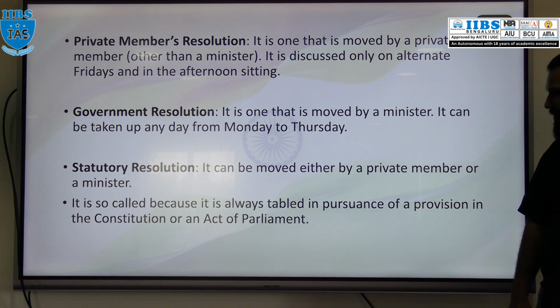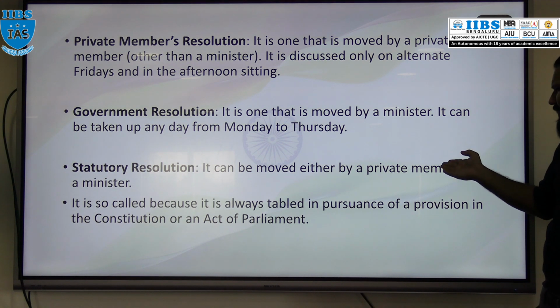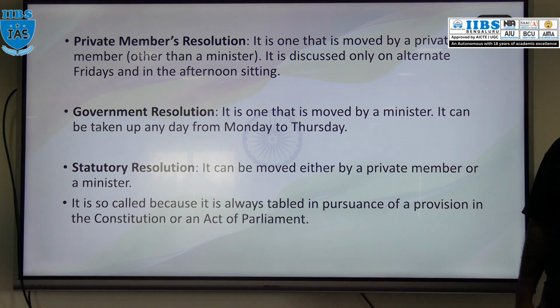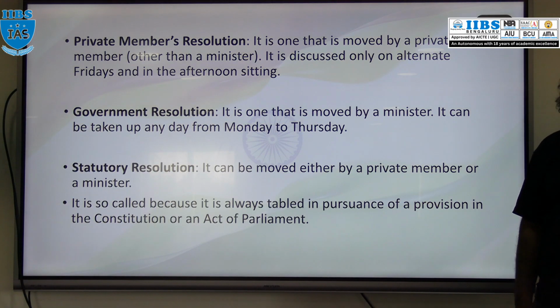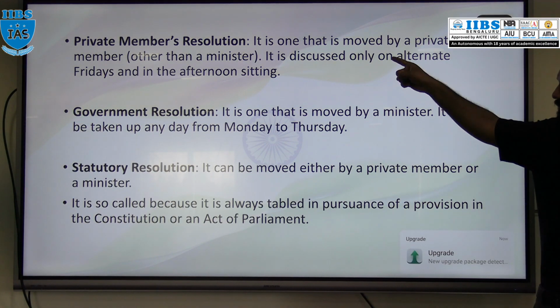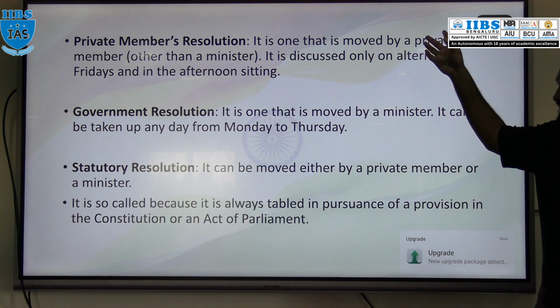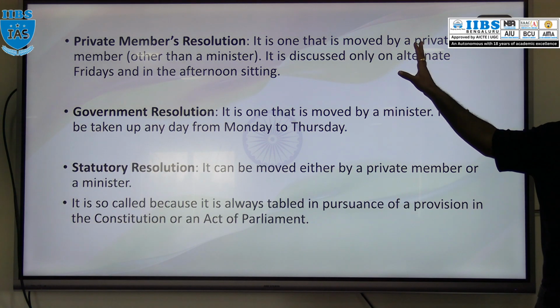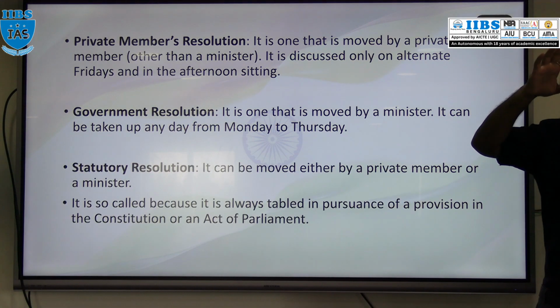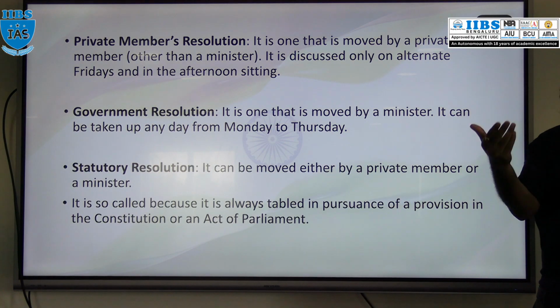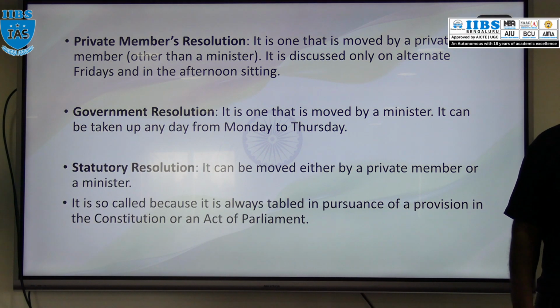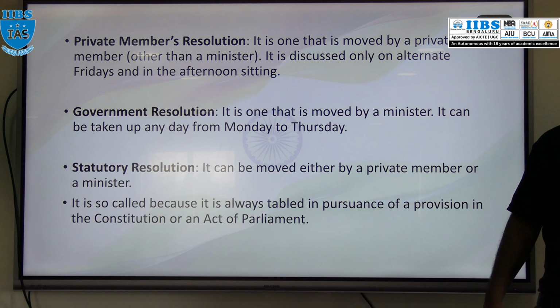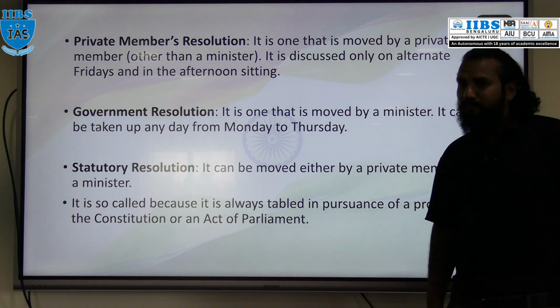Statutory resolution: it can be moved either by a private member or a minister, but this resolution is under the provisions of the constitution or an act of parliament. So private members introduce private member resolutions, the government member or union council of ministers introduce government resolutions, and statutory resolutions can be introduced by either, under the provision of the constitution or act of parliament. So this is about the motions as well as resolutions.